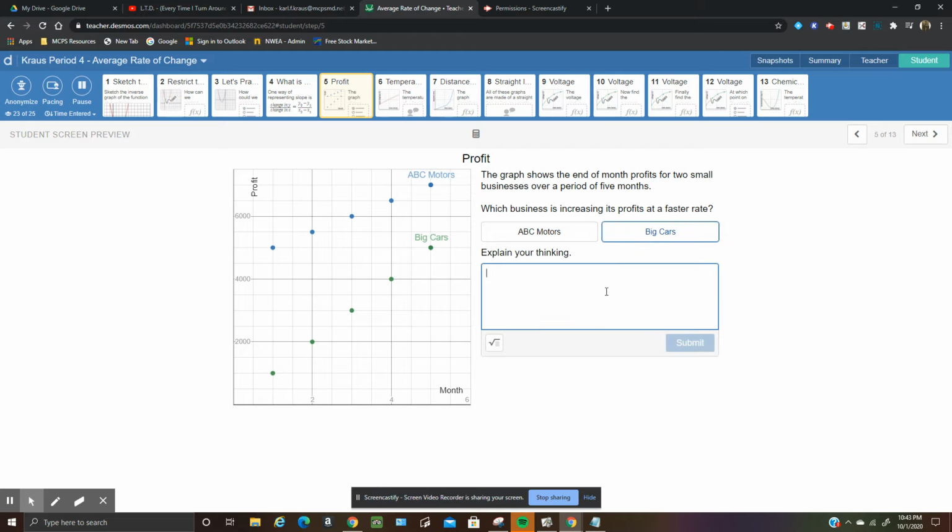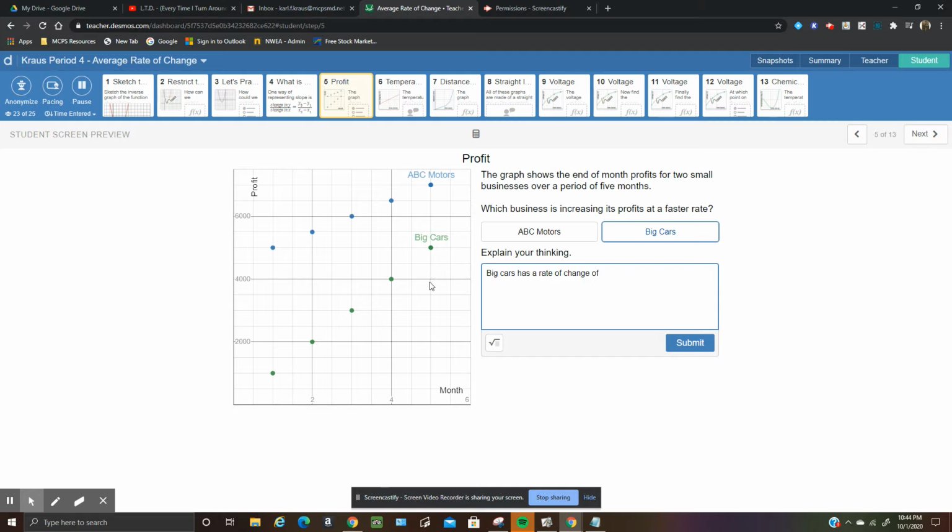So big cars has a rate of change of, I mean, I can look here and see if this is 4,000, this would be 5,000 halfway between. So each of these are 500. So this is 1,000 right here.